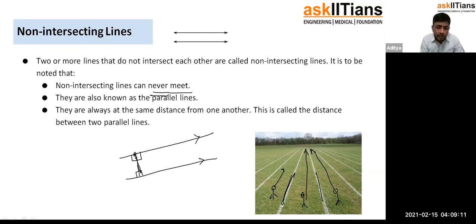And if this distance is d, and if you take any other point, let's say B, and then drop a perpendicular on this line, then this will also automatically be perpendicular, and this distance will also be d. So no matter what point you take, the perpendicular distance between this point and the other line would be the same, and this distance itself is called the distance between these two lines.